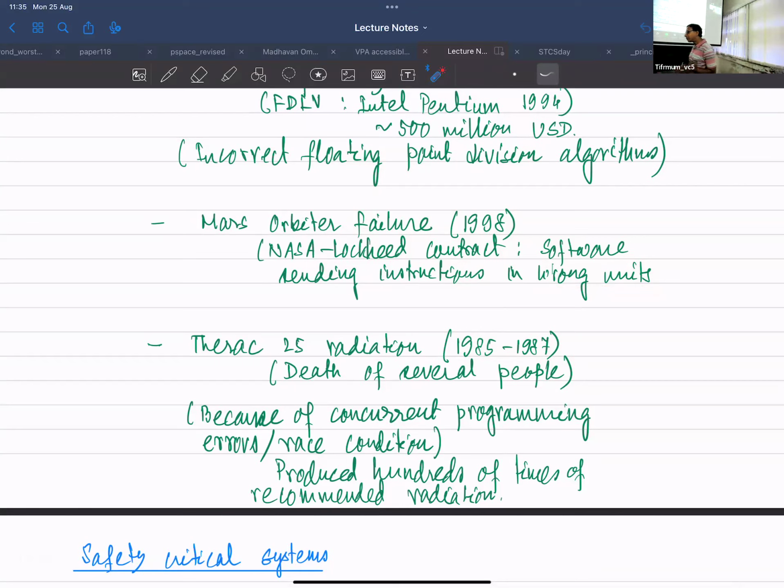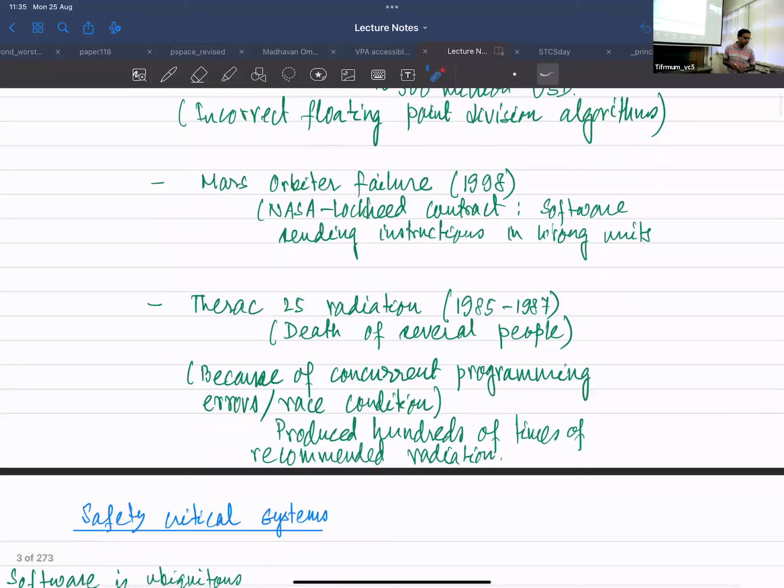And there was this document which said what sort of units to be used, and then things were not properly specified. NASA used one unit, which is what the document was saying, whereas Lockheed Martin was using another unit, and that caused a crash for this Mars orbiter.